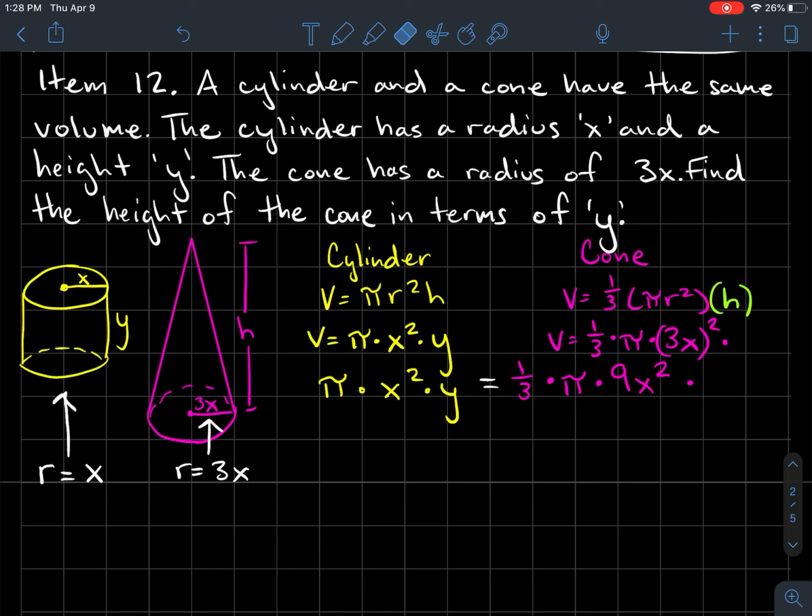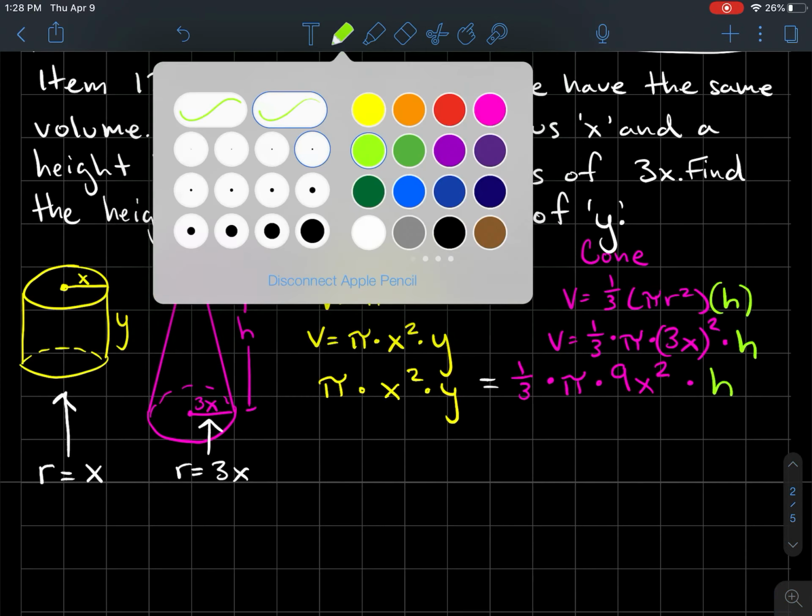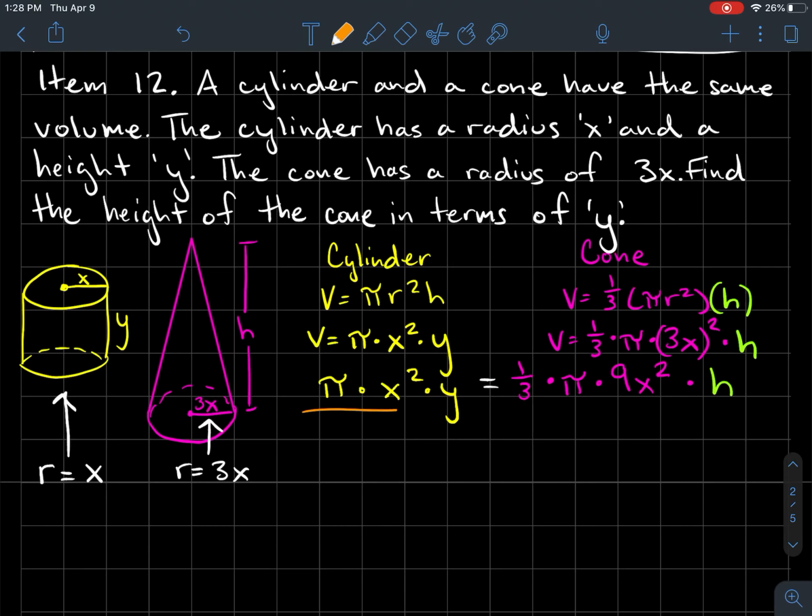I don't know why I put y in there. My apologies. But what we need to figure out is that height for the cone. So now in yellow, we have pi x squared y equals 1/3 of pi 9x squared times h. And as a reminder, we're trying to figure out what h is.